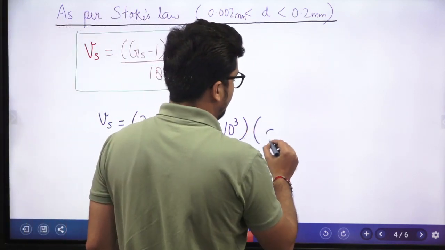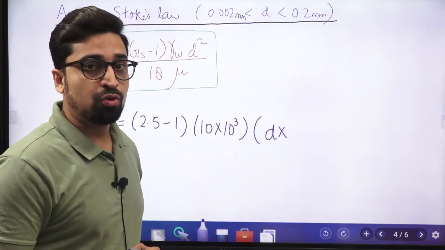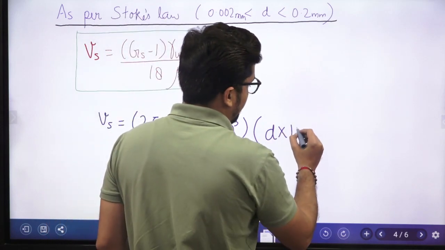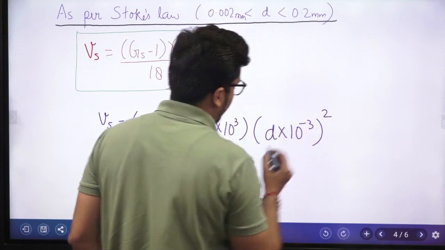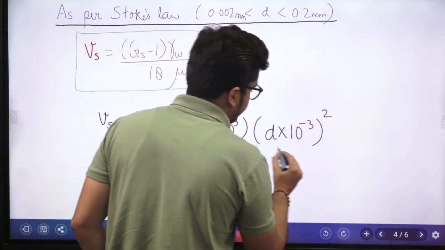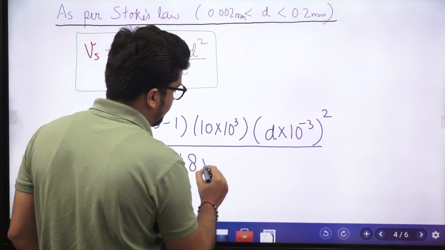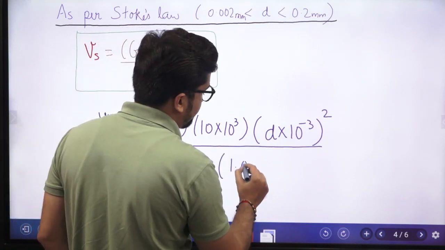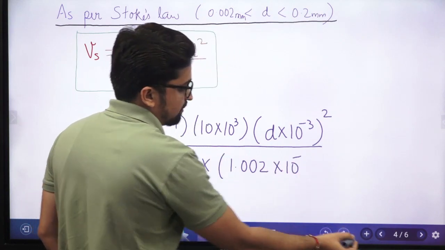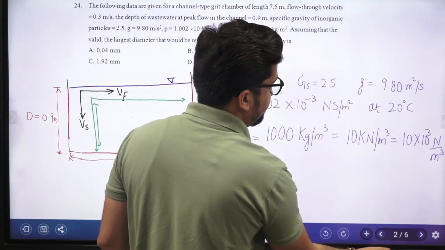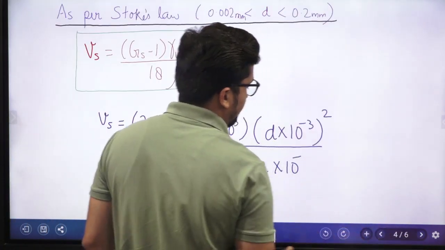So let us convert the diameter of the particle from mm to meters. So d into 10 raised to power minus 3 will be in meters, and this is whole squared, divided by 18 mu, where mu is the dynamic viscosity of the fluid, and it is given in the question as 1.002 into 10 raised to power minus 3 Newton second per meter square, right?